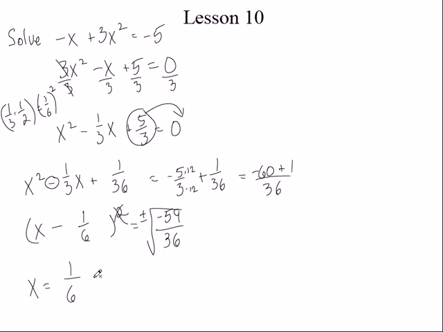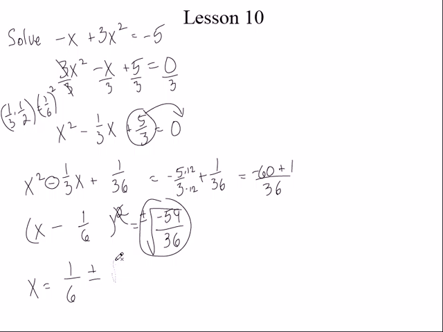X equals 1/6 plus or minus. Watch what we're going to do here. Look at this thing. I want to simplify that if I can. First of all, I got a negative inside of the square root, so that introduces something else, but we've talked about that before. So what happens to that negative? It becomes an i, right? A negative inside of a square root is an i.